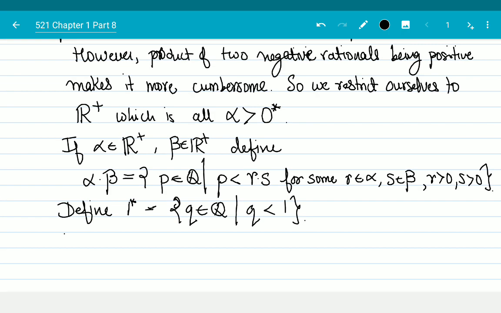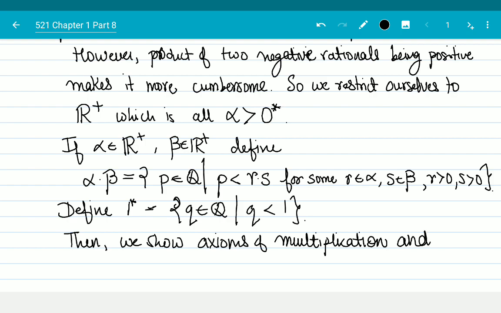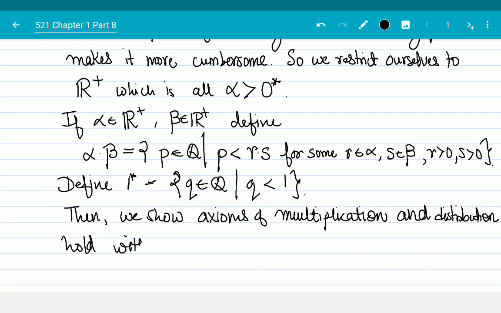Then we show the axioms of multiplication and distribution hold for R plus, instead of R in the place of F, with 1 star in the role of 1.